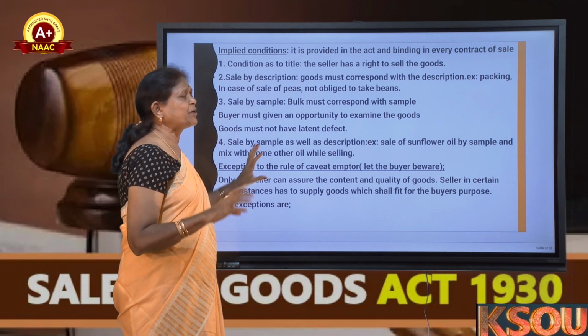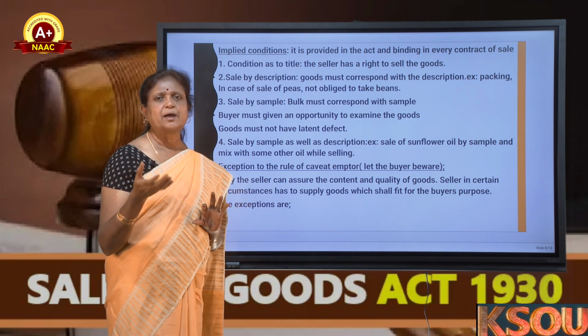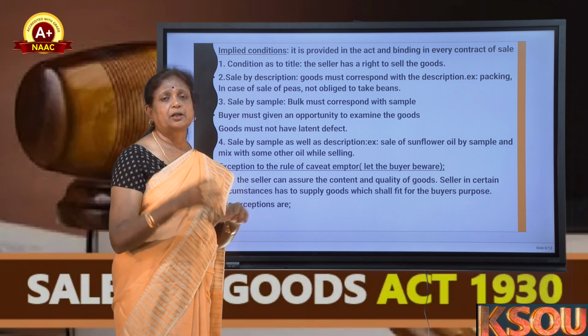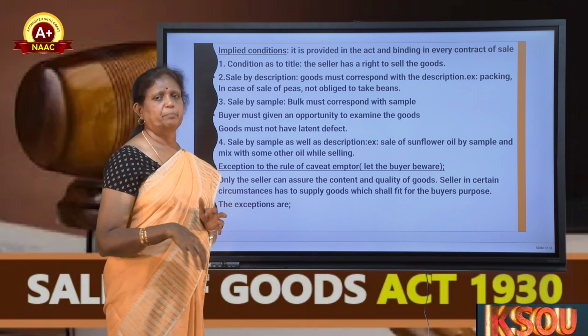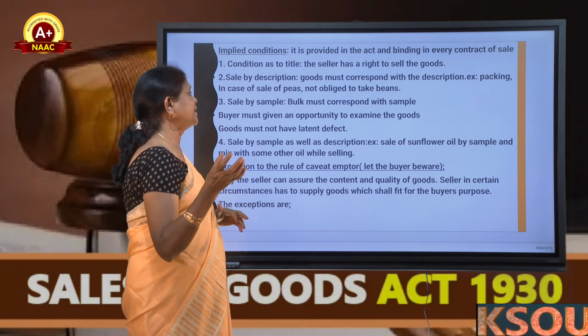If the seller shows the goods and describes the goods, and the buyer makes known what kind of goods he wants to buy, in such cases it is sale by sample as well as by description.